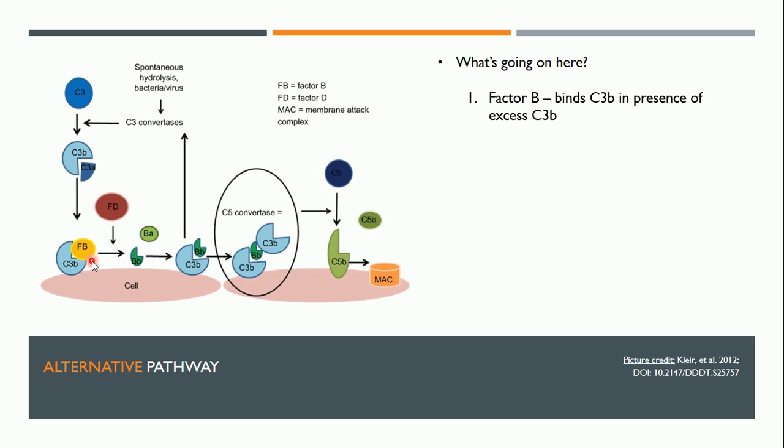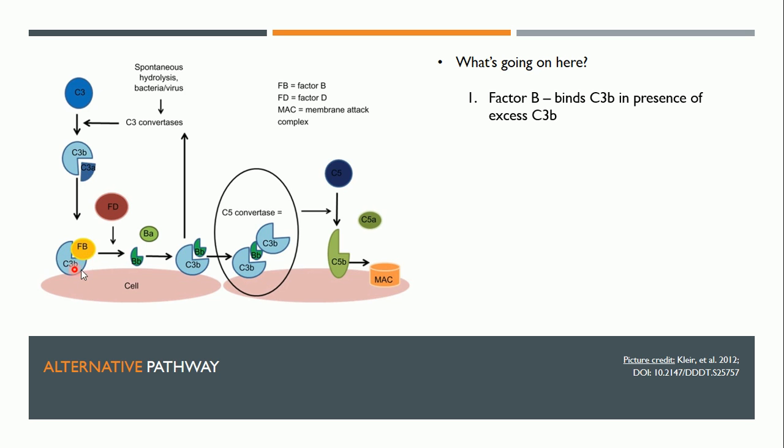So if you picture you have an antigen, like a bacterial surface, right? And you have a host surface. C3b is going to bind the bacterial surface, and these proteins are going to be like, whoa, this guy is in our house, we have to kick him out, or we have to destroy him. So they're going to go and start cleaving C3b on a host surface. Now on a bacterial surface, C3b is going to bind, but the bacteria don't have those proteins that can recognize that C3b needs to be destroyed, okay? So C3b is going to stay there.